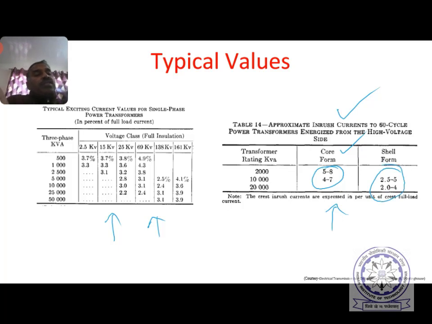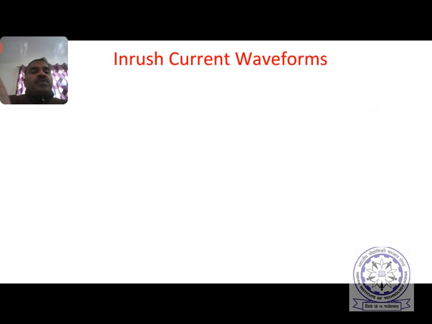The reason is that impedances are different in case of shell and core form. So this is how the inrush current magnitude will be in a practical transformer. So now what is the inrush current phenomenon? Inrush current waveforms we will see.